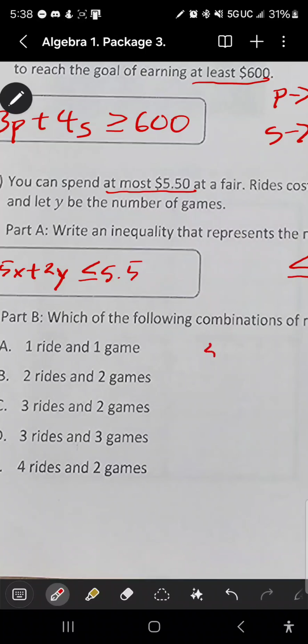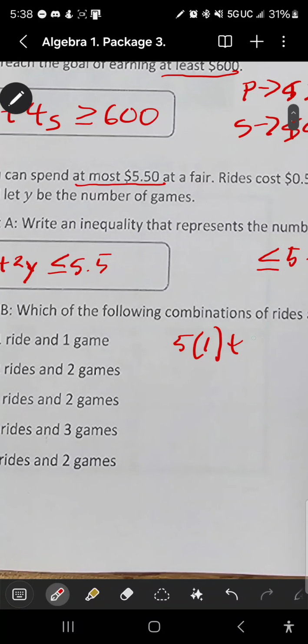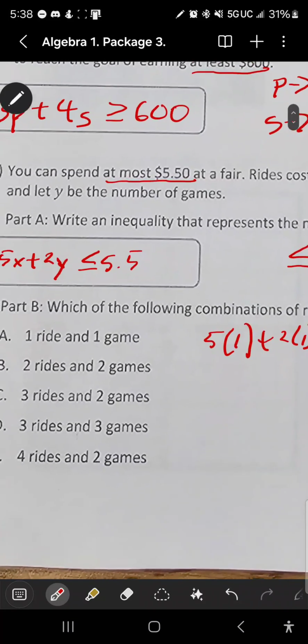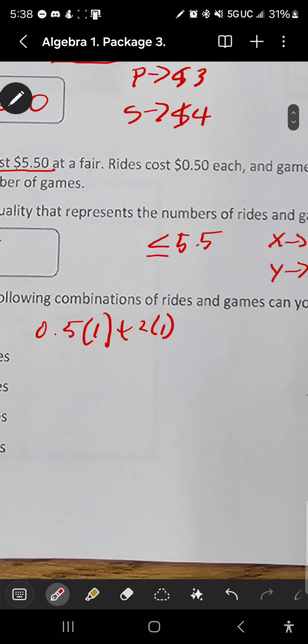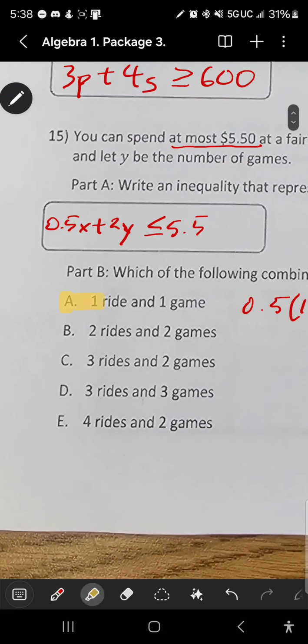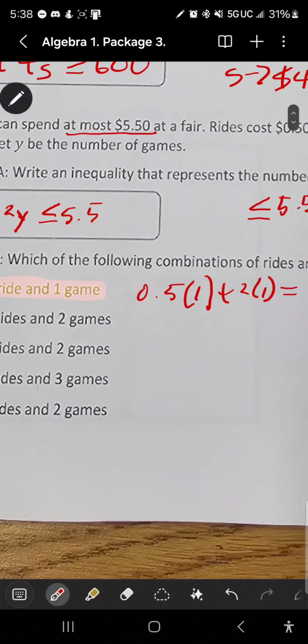So one ride will be 0.5 times 1 plus one game will be 2 times 1. Oh, this is 0.5, sorry. We add this together: 0.5 plus 2, so 2.5. And yeah, that's true. It is less than 5.5. So we are good. Let's see the next one.